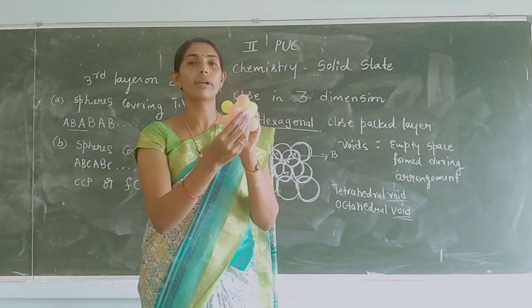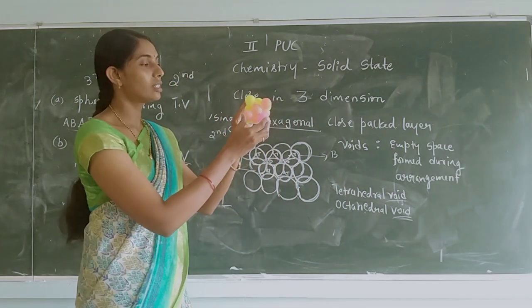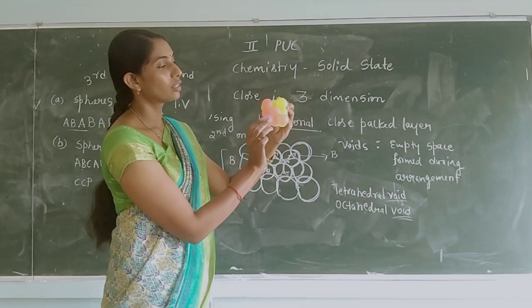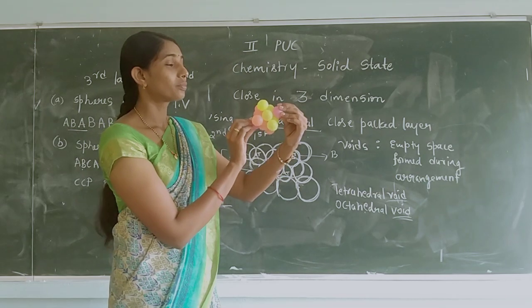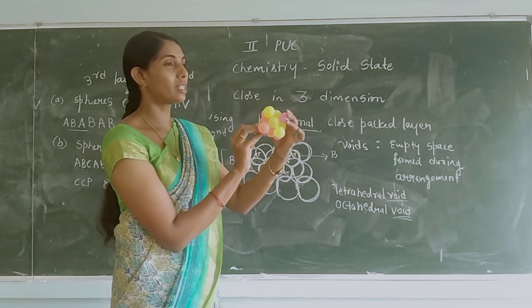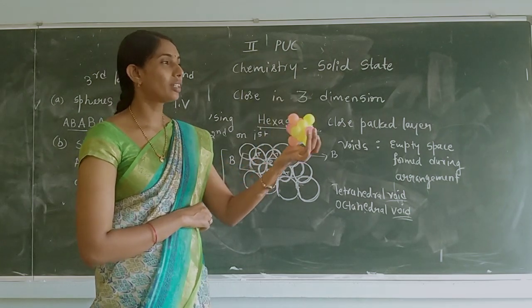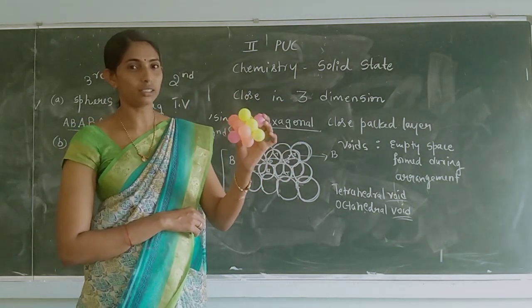Octahedral void is formed at the center. So when you build the structure, 4 atoms at the corner, 1 at the center. That structure is equal to the FCC. So therefore the spheres covering the octahedral void is also called the FCC lattice.